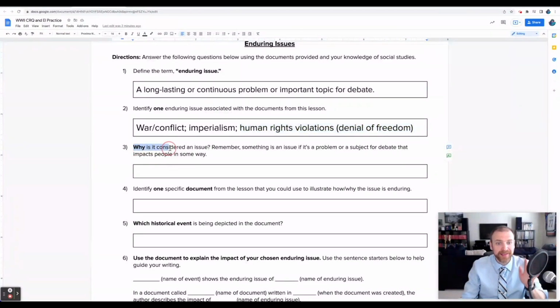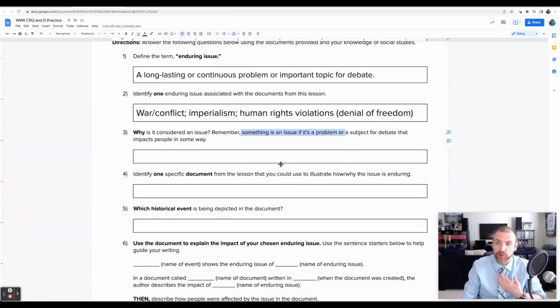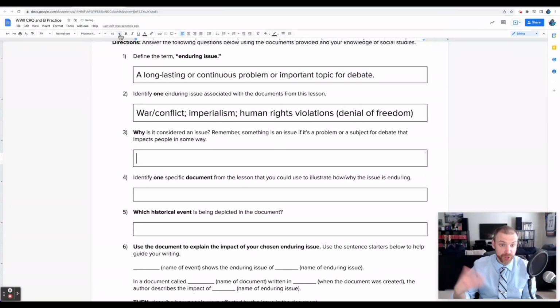When we say why is it considered an issue, we have to remember that something is an issue if it's a problem or a subject for debate that impacts people in some way. So I will say human rights violations. Let's make the text bigger here, and you should put this on your document as well.